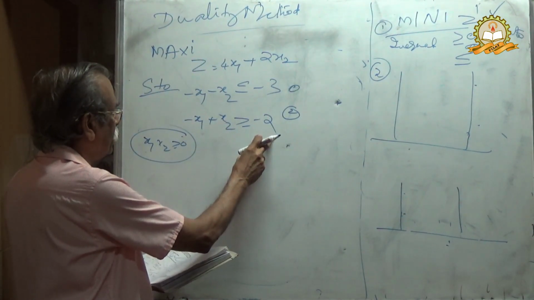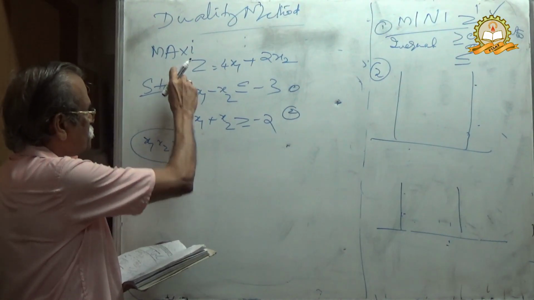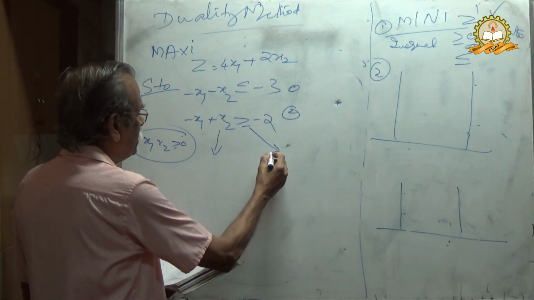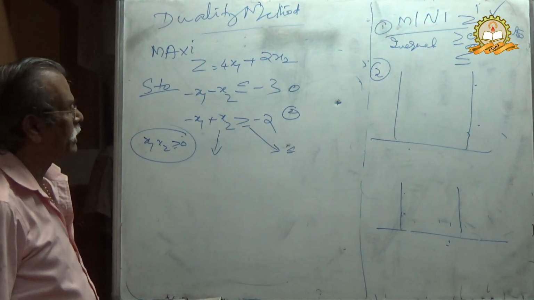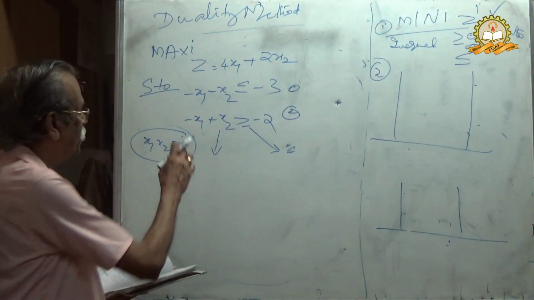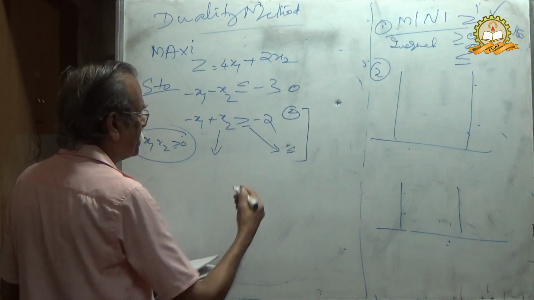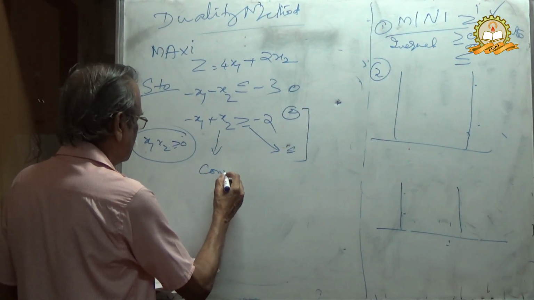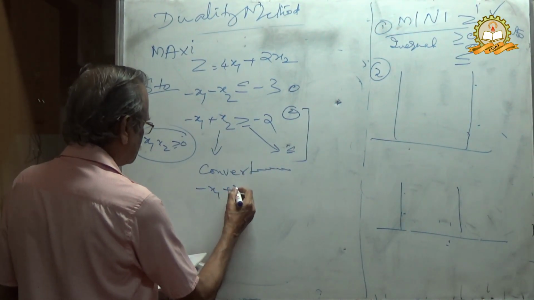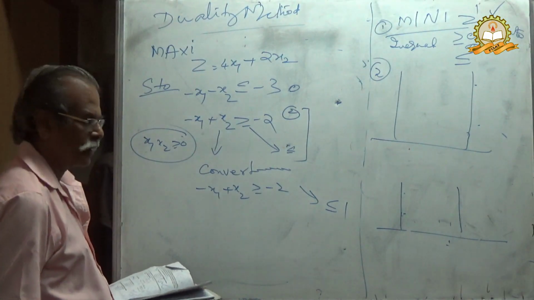Then second inequality, since it is maximization, the second inequality should have been less than or equal to. Here it is greater than or equal to. Therefore, converting the second equation, that is, namely, minus x1 plus x2 greater than or equal to minus 2, we should change over into less than or equal to.